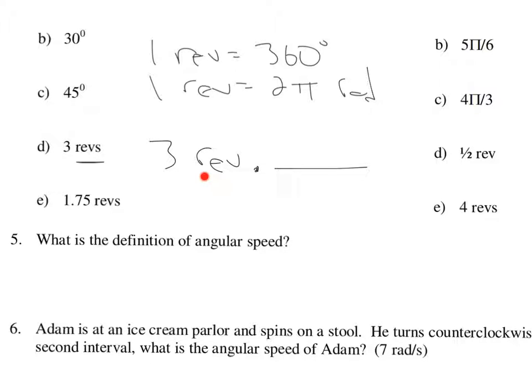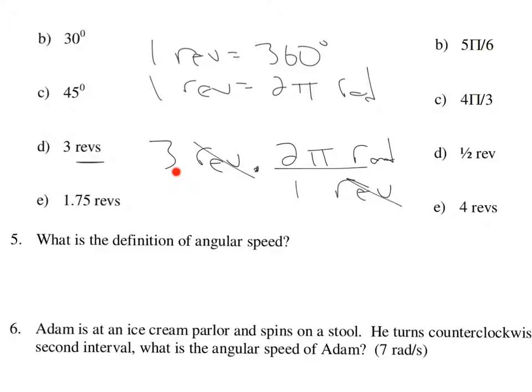So now again, revolution is our trash. We want to get rid of that unit because we want radians, so I'm going to put revolutions there. It's 1 revolution, right, and our conversion factor is equal to 2 pi radians. So I do 2 pi radians there. Revolutions cancel.